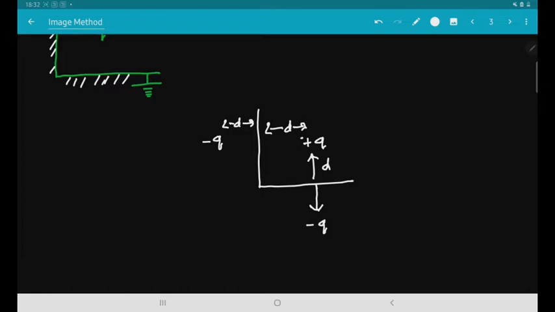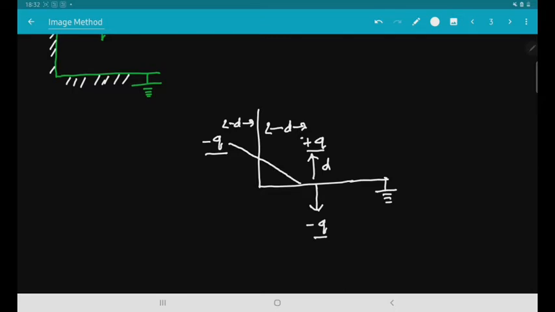Now see, these plates are grounded, so the potential on this should be 0. Now if we take this configuration, because of this positive charge and this negative charge, the potential here will be 0. But now this negative charge will also create a potential here.